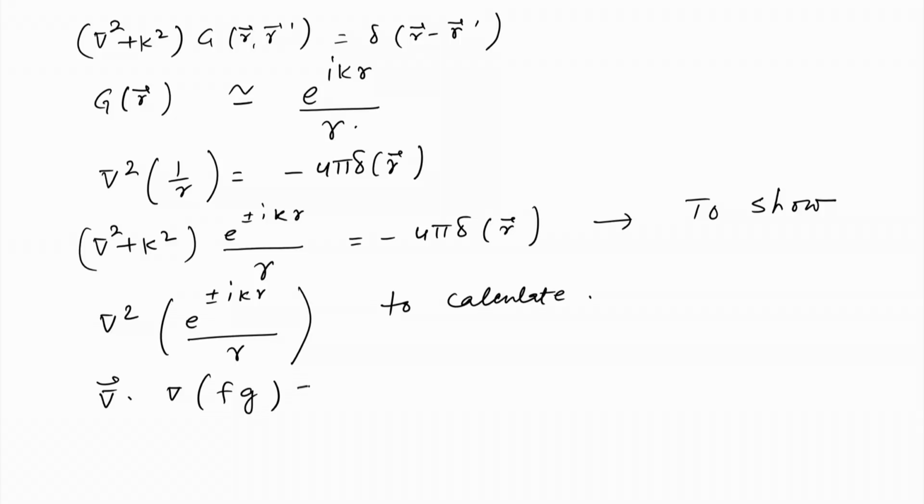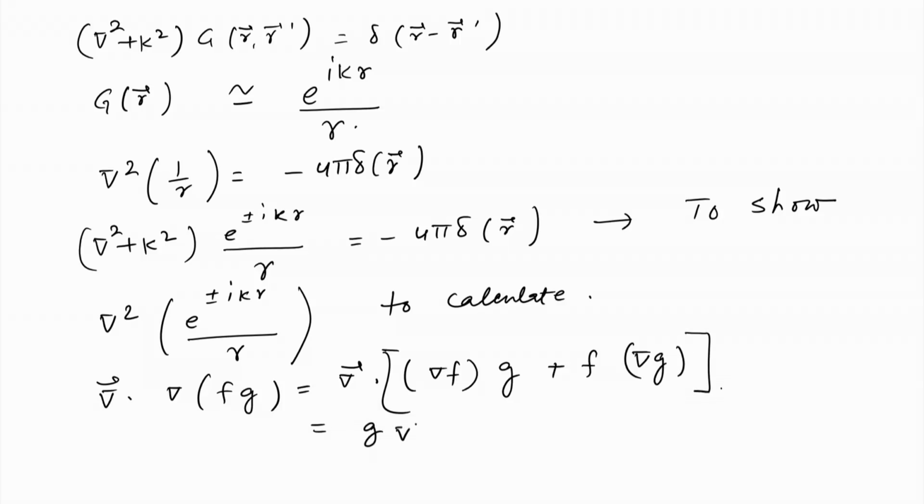So, this is equal to a divergence of gradient f into g plus f gradient of g, and so on. So, this is equal to g Laplacian of f plus f Laplacian of g plus 2 gradient f dot gradient g.